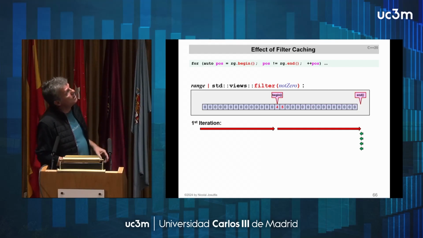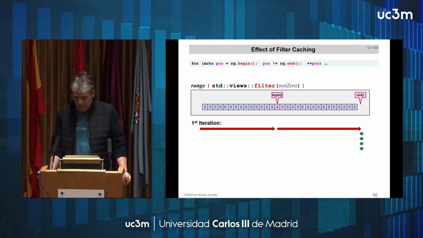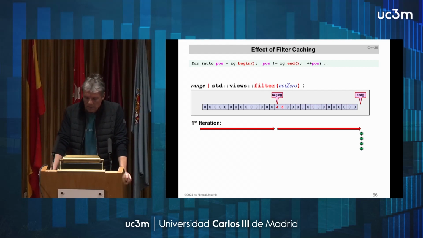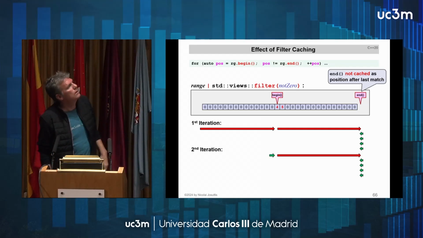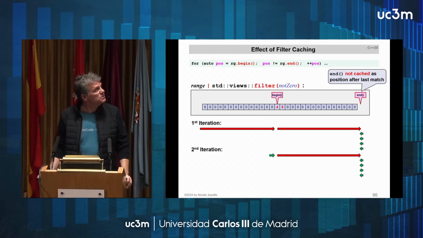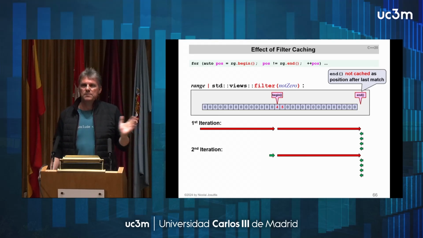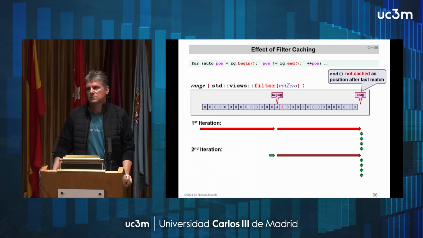First iteration, well, we have to go to all the elements to look at the initial situation. We cache begin. Remember, we don't cache end. So next time we iterate, begin is cheaper, but if the distance between the last fitting element and the end is big, we still have to look at each and every value from there, even in further iterations.